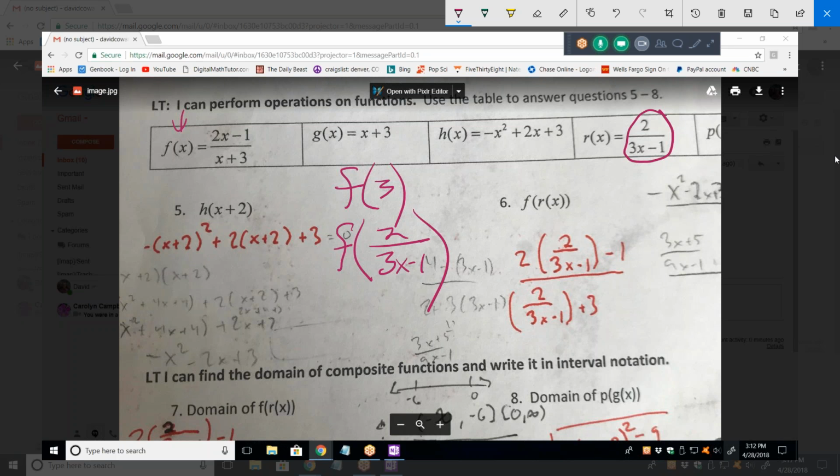Yes, and that's what she has done right here. In other words, it's 2 times that, which is r of x, minus 1, all over r of x plus 3. Now it's just an algebra problem.